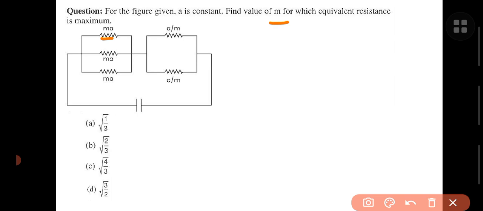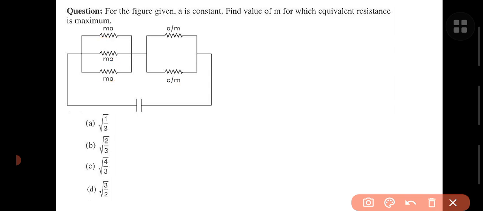Here, MA is the resistor value. Three resistors are connected in parallel. Here, two resistors of A by M are connected in parallel.